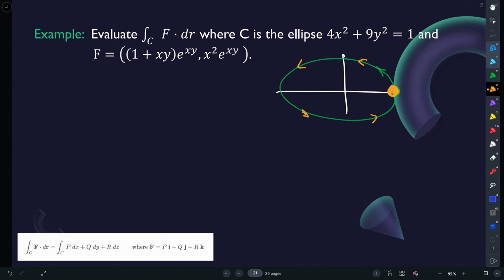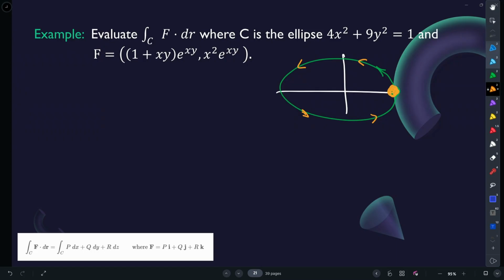So I need to try to figure out a potential function for this field. So how do we do that? How do I check? Well, for one thing, I can do the cross partial derivatives to see if they coincide.